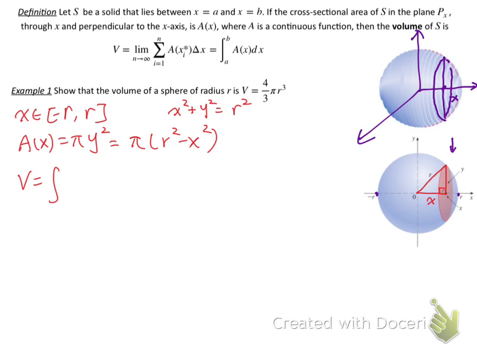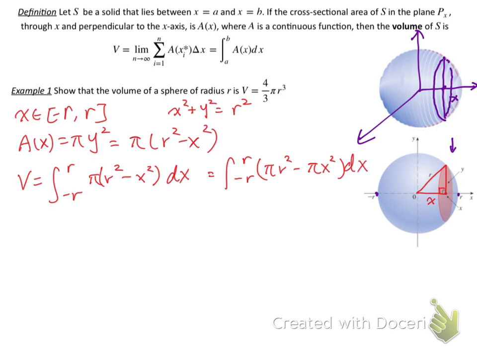You have x going from negative r to r, and A of x is pi times r squared minus x squared, in parentheses, dx. So this will be the integral from negative r to r of pi r squared minus pi x squared dx.